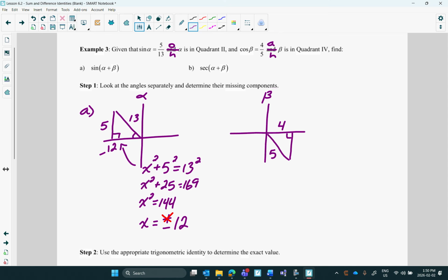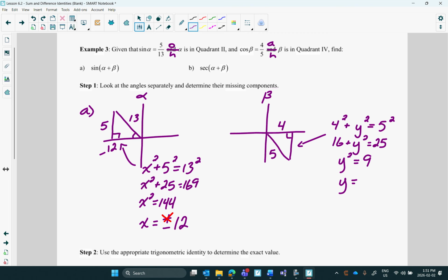Which means I have to find the missing y using Pythagoras. Remember, x squared plus y squared equals r squared. So that would give me 16 plus y squared equals 25. Y squared is equal to 9. Y is potentially what?